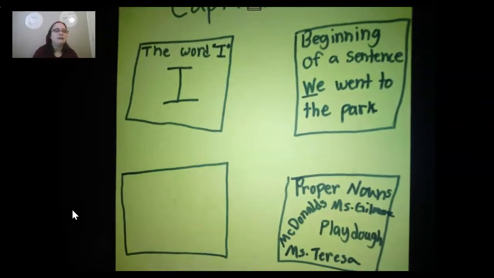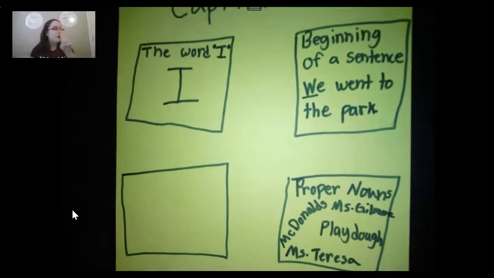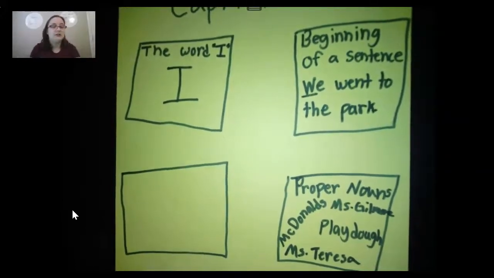So I typically, when we're virtual, I'll say, today is blah, blah, blah. And my kids will repeat it. If we're in person, I always make someone tell me. So one of these is our days of the week.